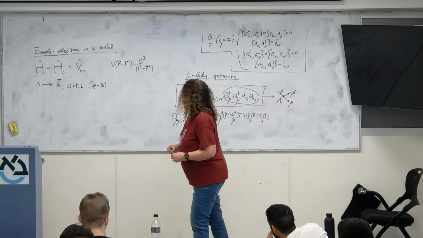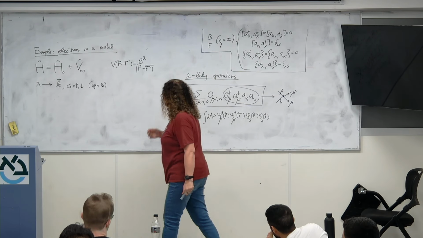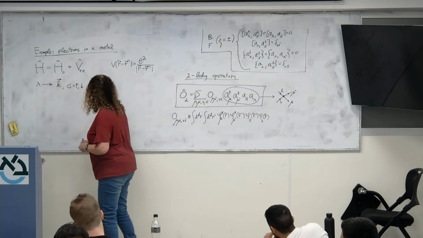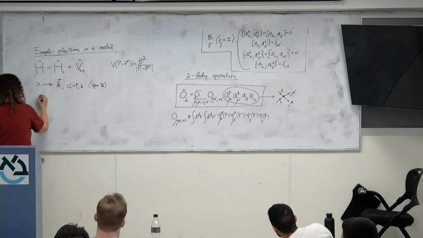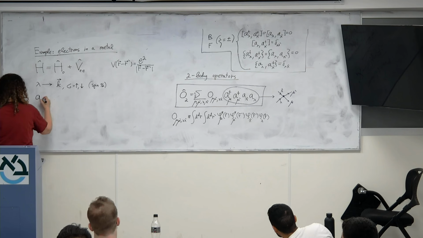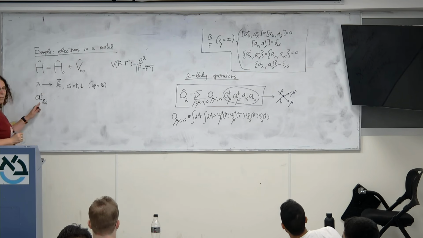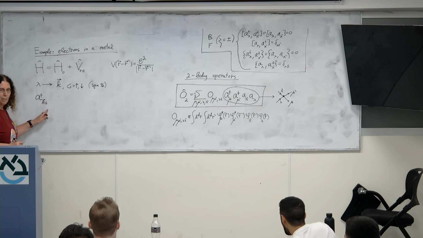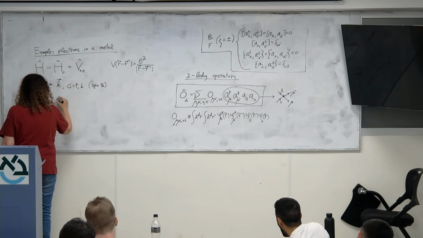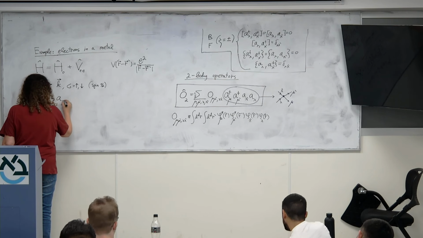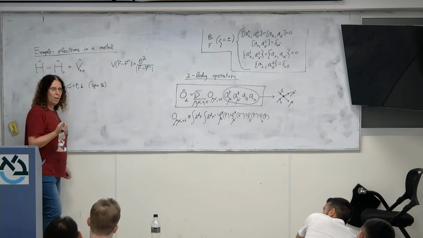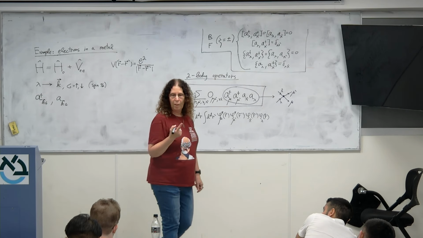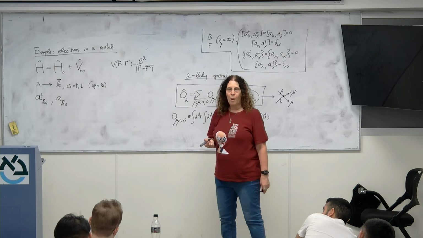So you can represent the electrons with creation and annihilation operators that have two indices, k vector and sigma, and their meaning is just as usual. These are annihilation and creation for a particle at wave vector k and spin sigma.